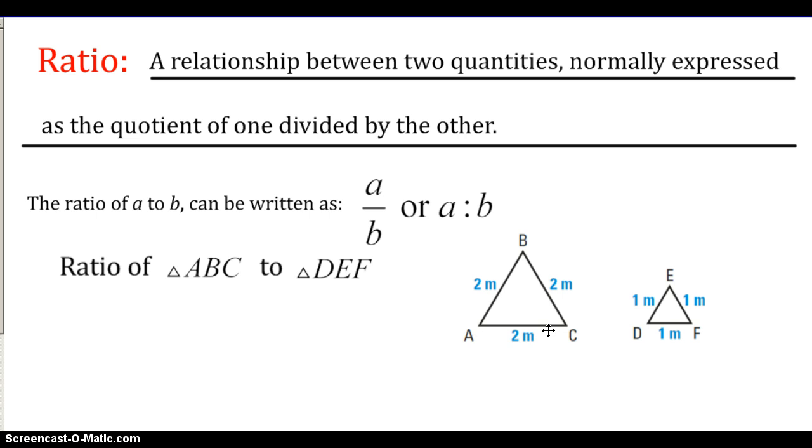So I could write it as 2 over 1, 2:1, or 2 to 1 with the word "to", which is definitely not as common as the other two. Normally in geometry, we tend to just write it as 2 over 1, but 2:1 is absolutely correct. But if there is a 1 involved, you have to keep the 1 in the denominator, okay?